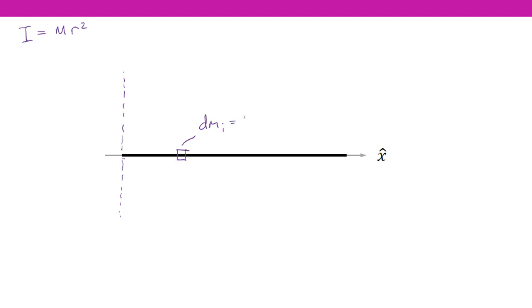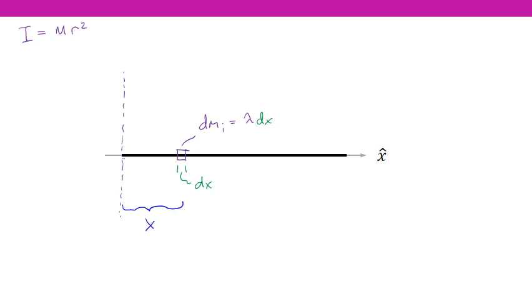This would be some lambda times dx, the length. That's my mass. How far is this little piece from my axis? Well, it is a distance x away from the axis.